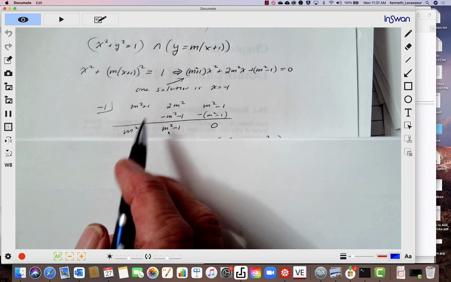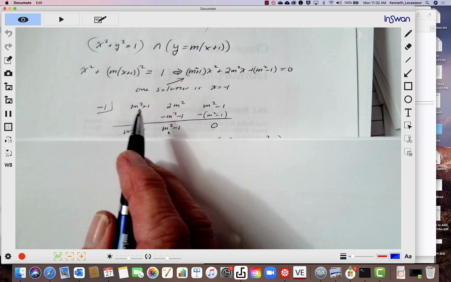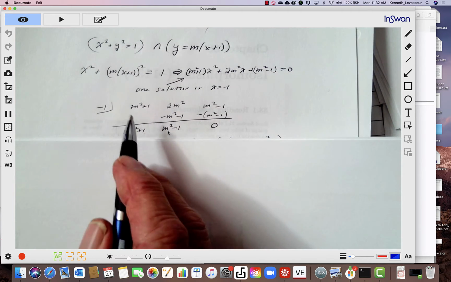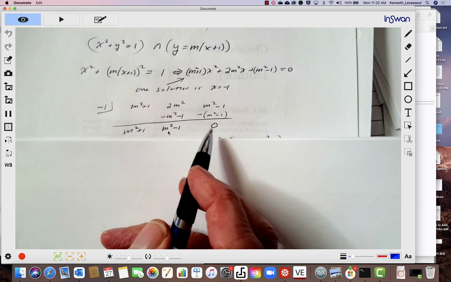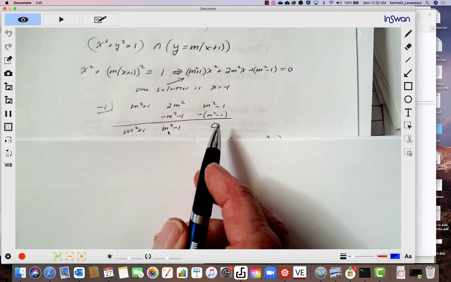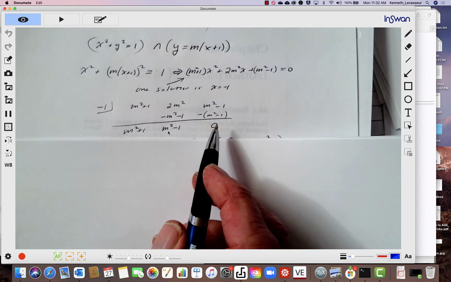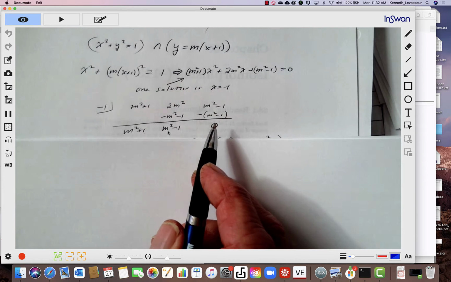I assume you've seen this. Basically, you take the first coefficient, bring it down, multiply by -1, add, multiply by -1, add, and the fact that we get 0 here is an indicator that the -1 is a root.